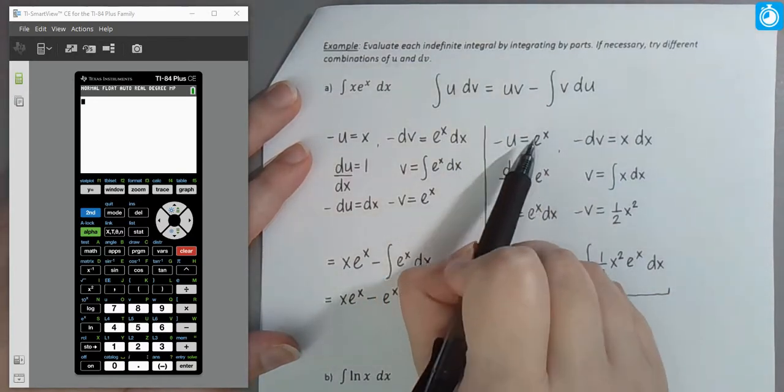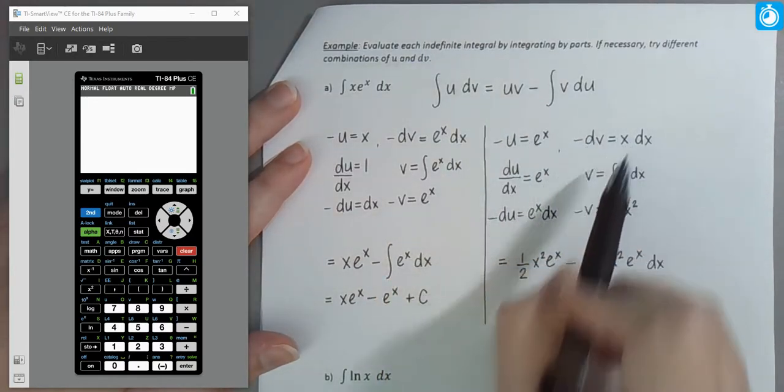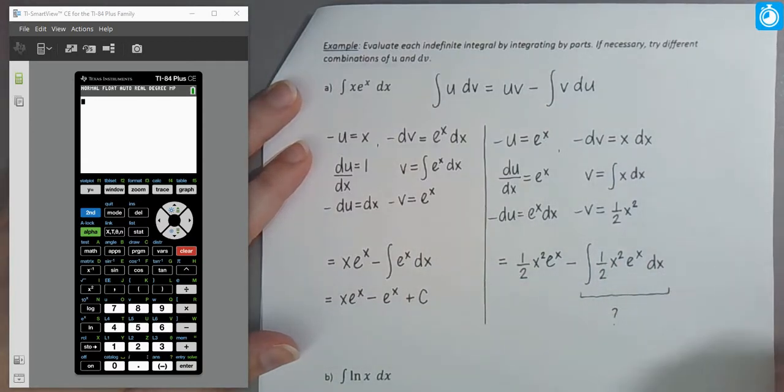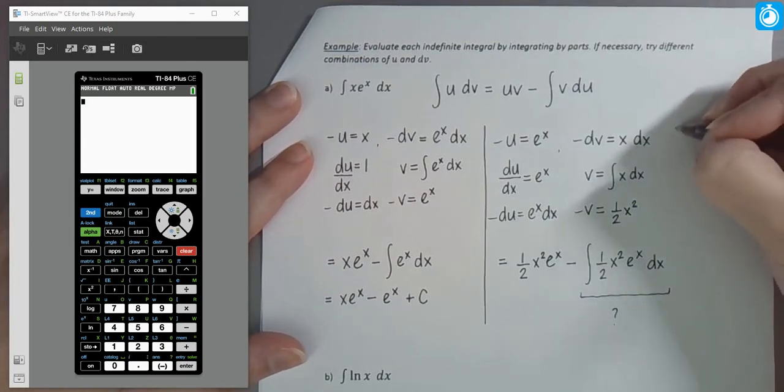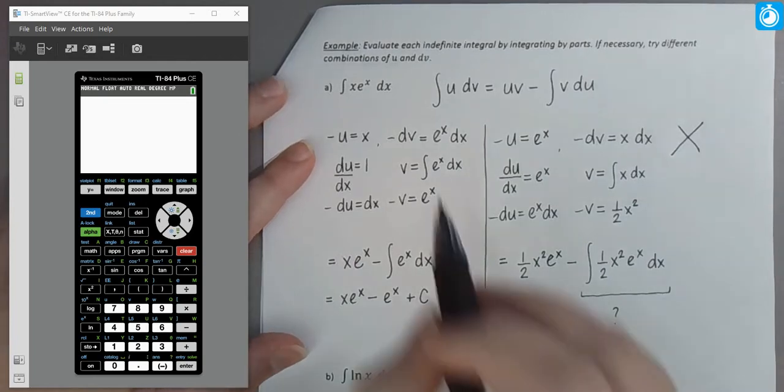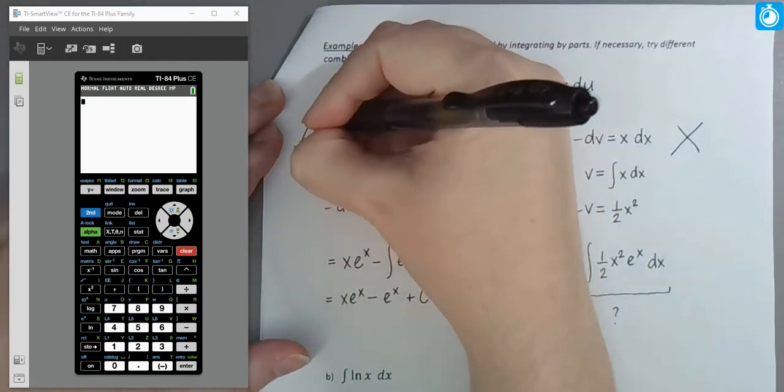We would not want u to be this function and dv to be this function times dx, because it leads us with something that is more complicated to solve. So because this integral, we don't have a technique to solve, this would not be the pairing we want to choose. This would be the pairing we want to choose.